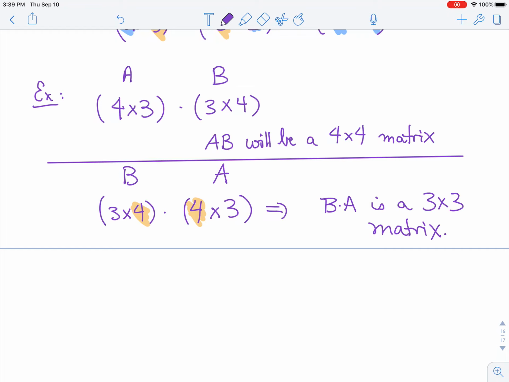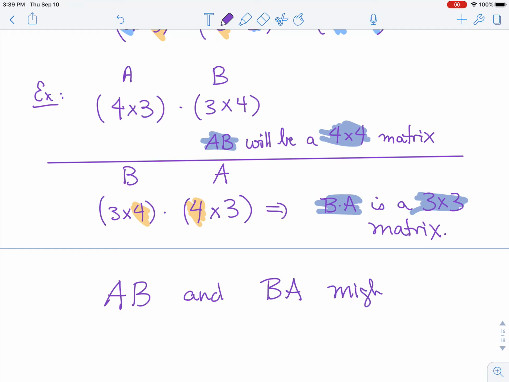We're going to do an example of something like this in a second. And it's a little jarring because look at what I just wrote down. A times B is a 4 by 4 matrix. B times A is a 3 by 3 matrix. That is weird. What that shows us is that A times B and B times A might be completely different. Right?